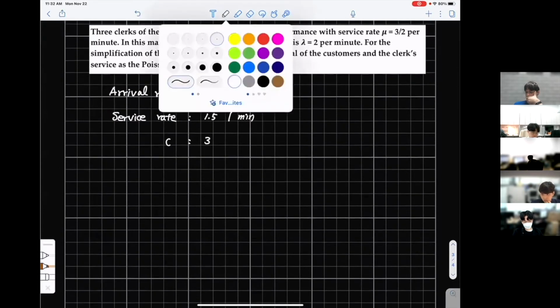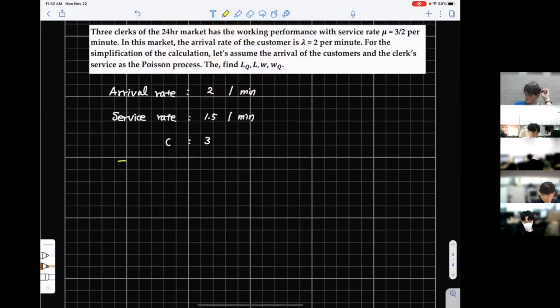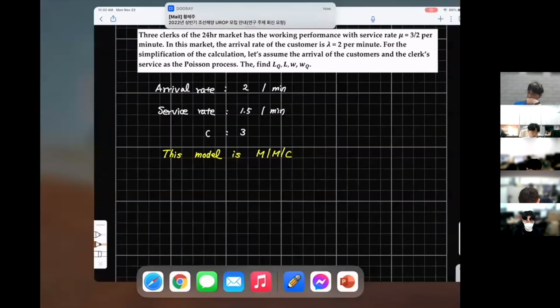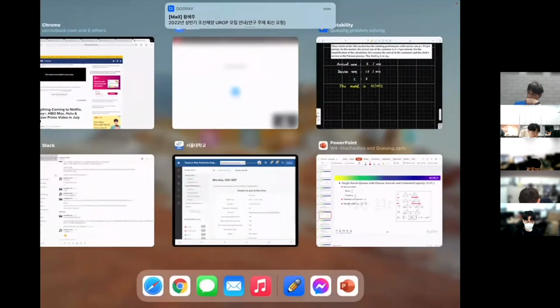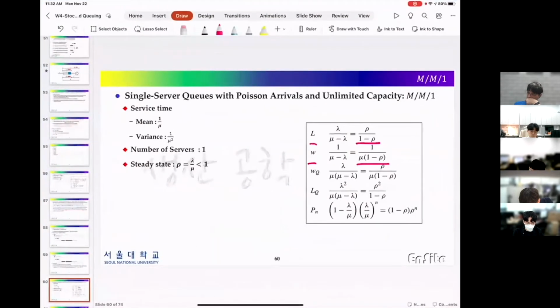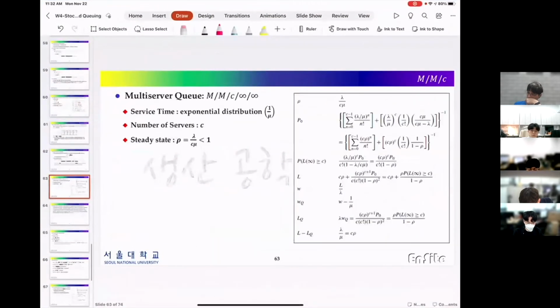So we have to use the M/M/c model. It's this one.